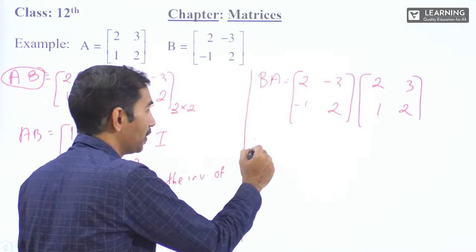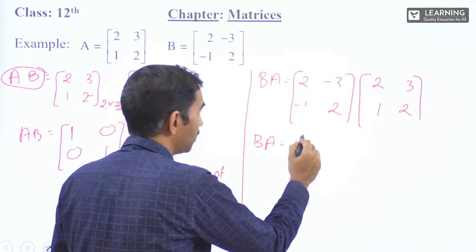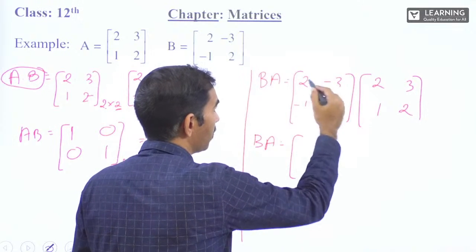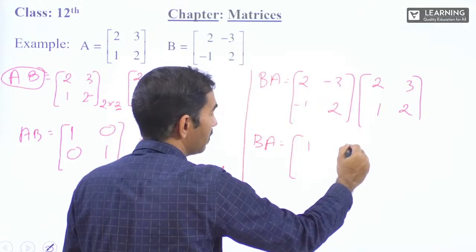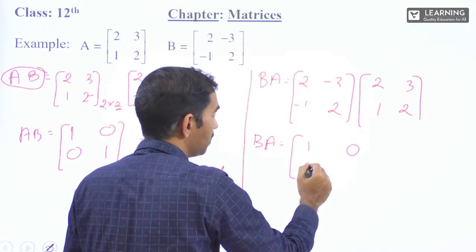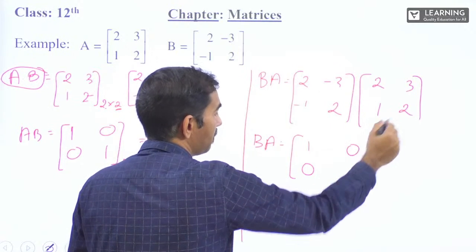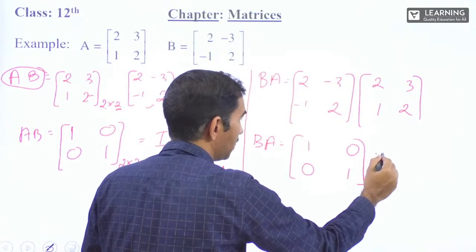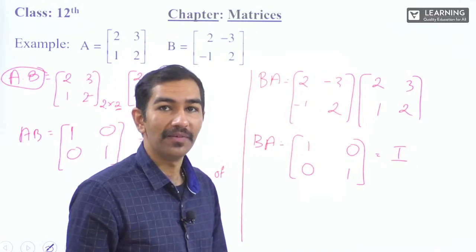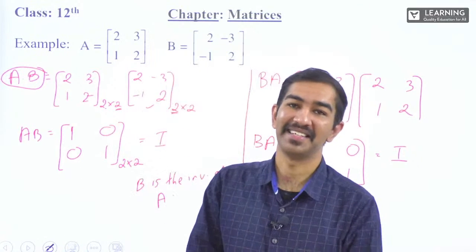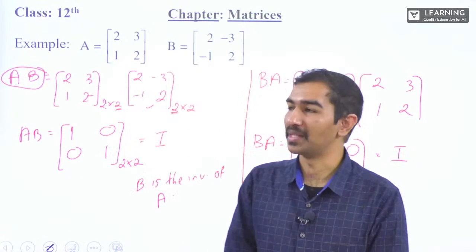Matrix multiply them, row into column again. BA will be equal to: first row into first column, 4 minus 3 is 1, 6 minus 6 is 0, minus 2 plus 2 is 0, minus 3 plus 4 is 1, which is again equal to I. So we just now proved whatever we have seen in invertible matrices, correct? So moving on to the next one.